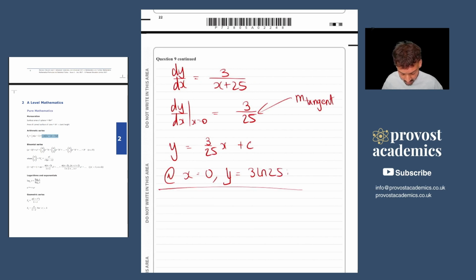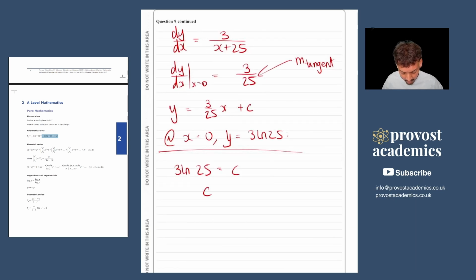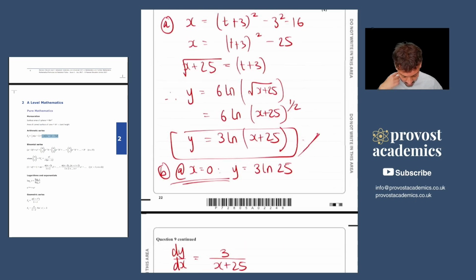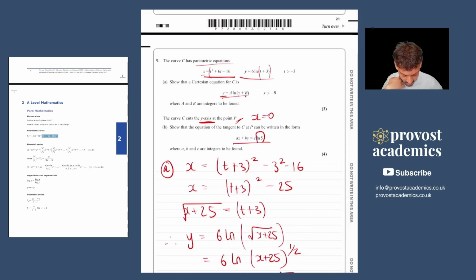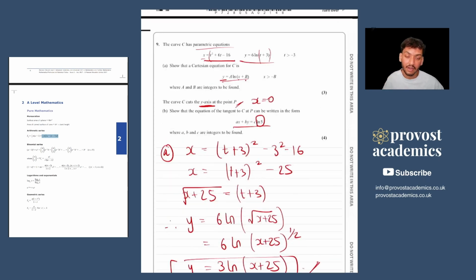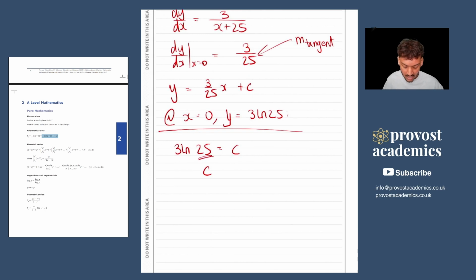That gives us 3 ln 25 is equal to 3 over 25 times 0, well, that goes to 0, so I'm not even going to bother writing it. So that's equal to c. I saw from the corner of my eye that it's a ln of 5, and if it's a ln of 5 and we have 25 here, ideally what we're looking to do is use the log rules again, the power rule, so we can make 25 into 5.